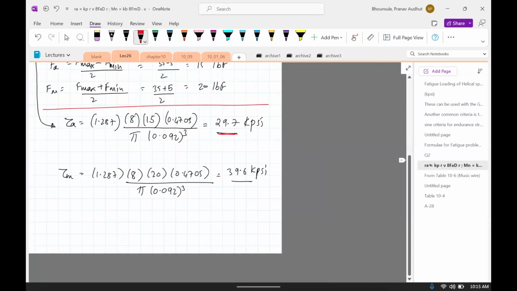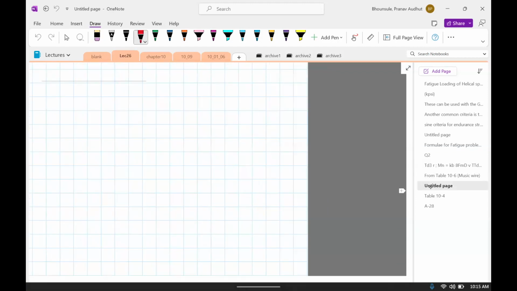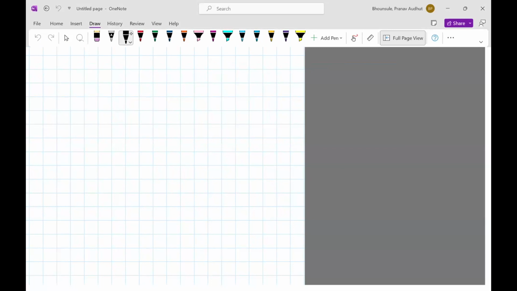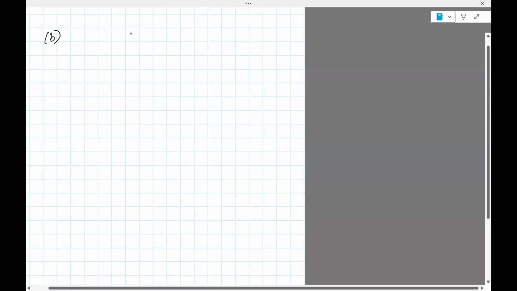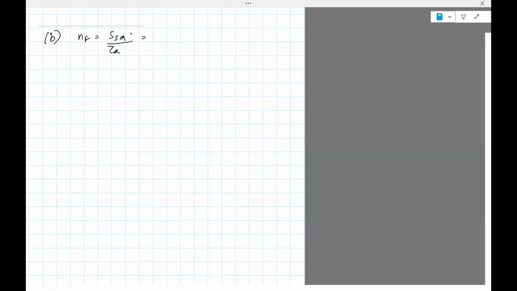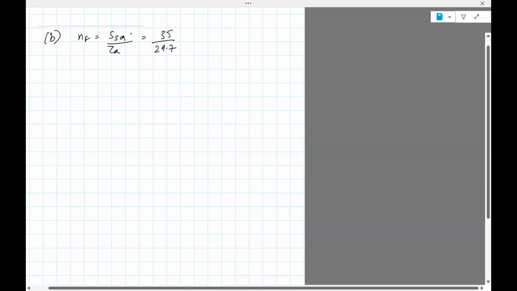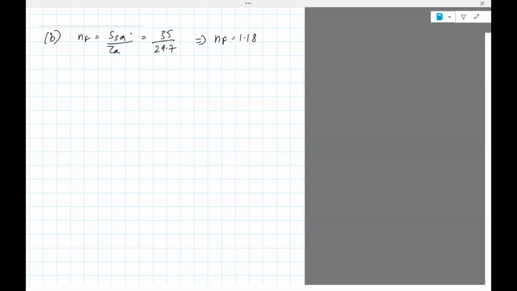It is 29.7. So we can easily do part B: 35 divided by 29.7. So this gives NF is 1.18.